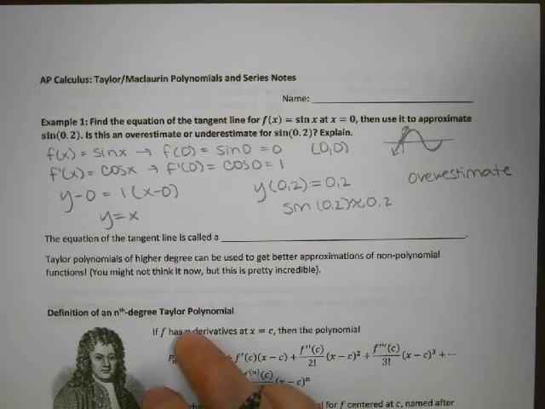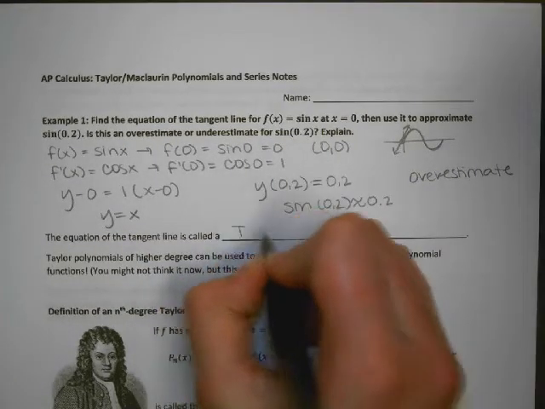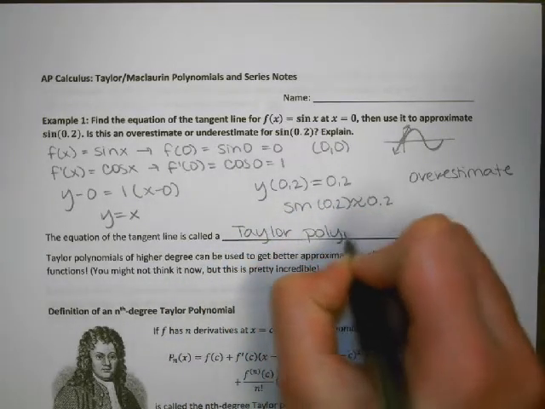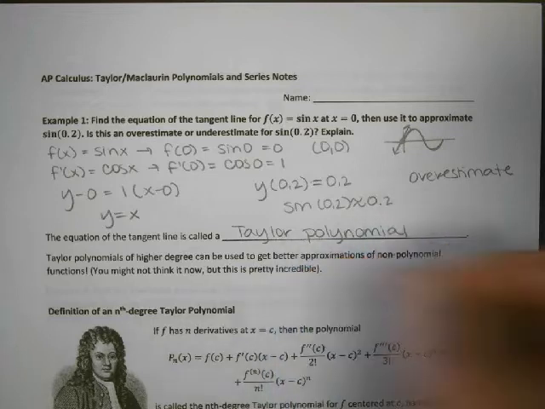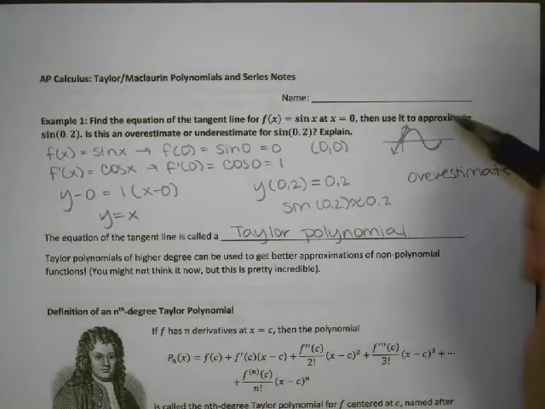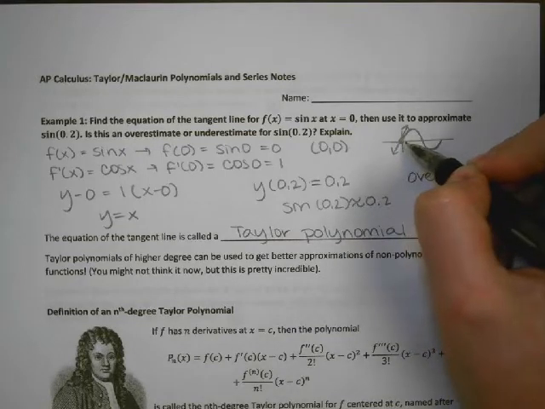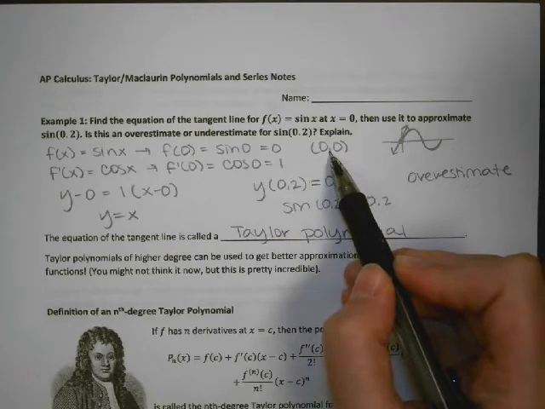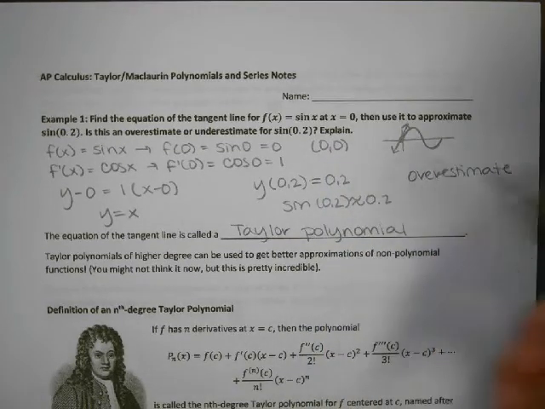All right, so the equation of the tangent line is a very simple version of what we call a Taylor polynomial. When we first looked at tangent lines and linear approximations, we used the tangent line to help us approximate values near this point of curves where maybe we didn't have the whole curve, so we couldn't plug it into the calculator and check.